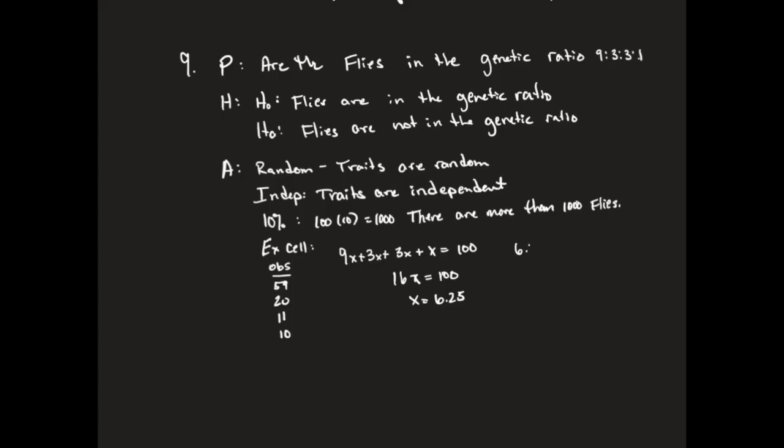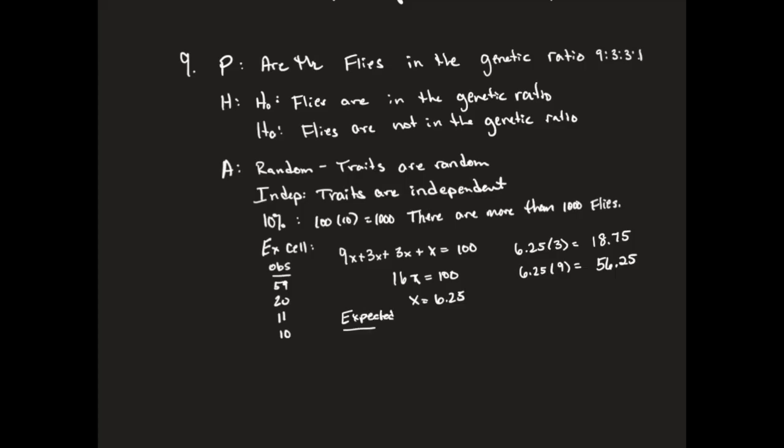So I'll multiply by 3 and then by 9 to figure out what those values are going to be, and that's going to allow me to write my expected cell counts. So 6.25 times 3 is 18.75 and then 56.25. With all that, I can build my expected cell count. I can go in and just list it out from there.